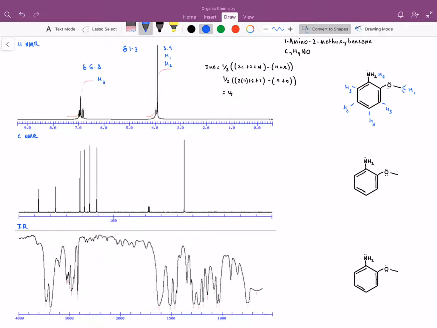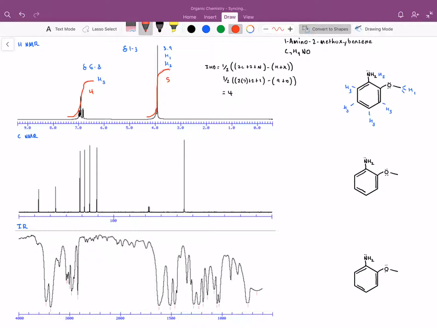And another useful tool to confirm what we just did is we have 3 hydrogens that we labeled H1, and we have 2 hydrogens that we labeled H2, a total of 5 hydrogens showing up at this integration curve right here, and the 4 hydrogens that we identified within the benzene ring are showing up at this integration curve here.